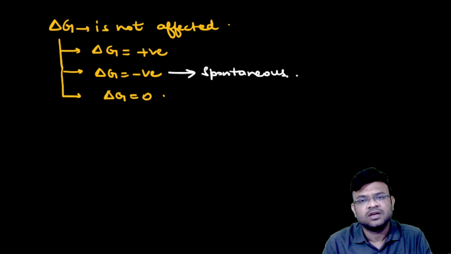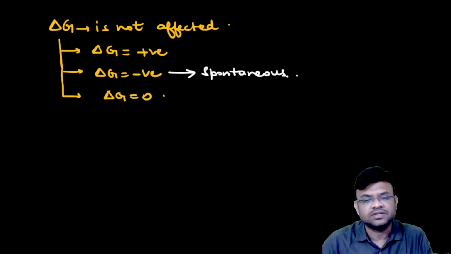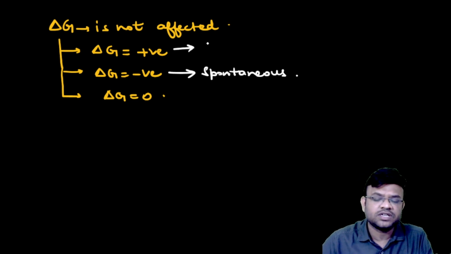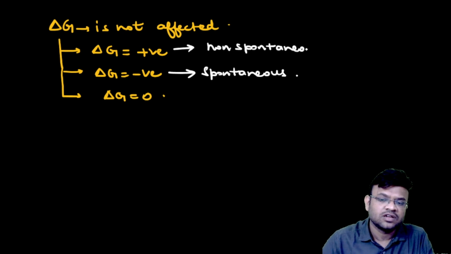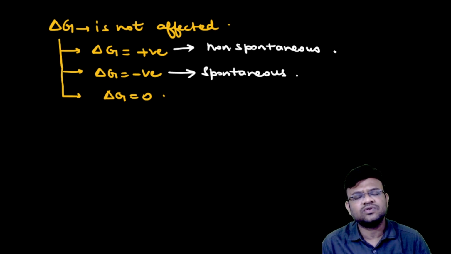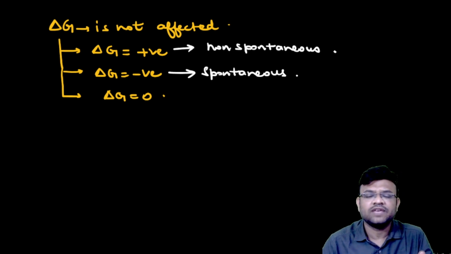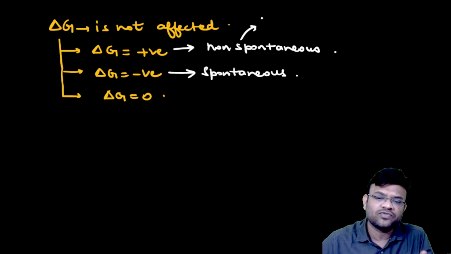Enzymes will take part in only the spontaneous reactions. When the delta G value is positive, the reaction is non-spontaneous in nature. What do we mean by a non-spontaneous reaction? It means that they will be thermodynamically not feasible.